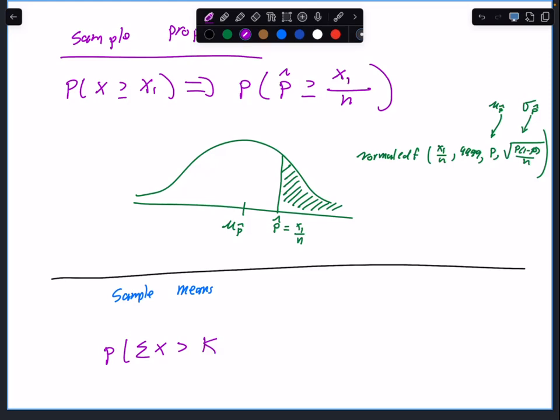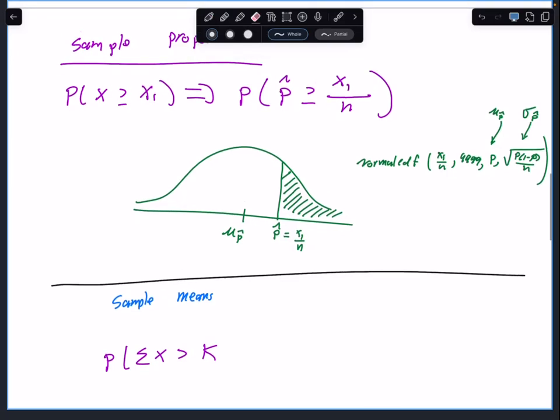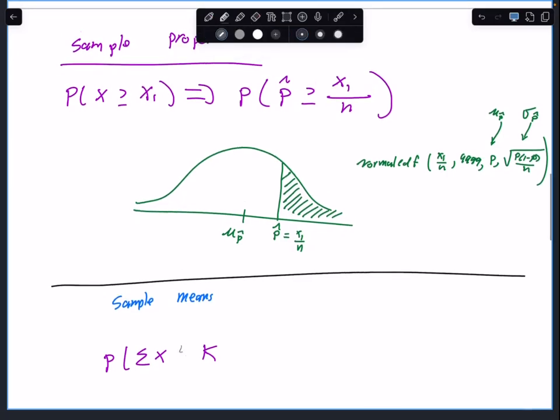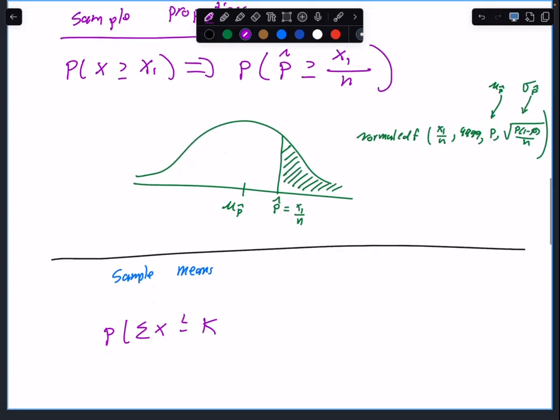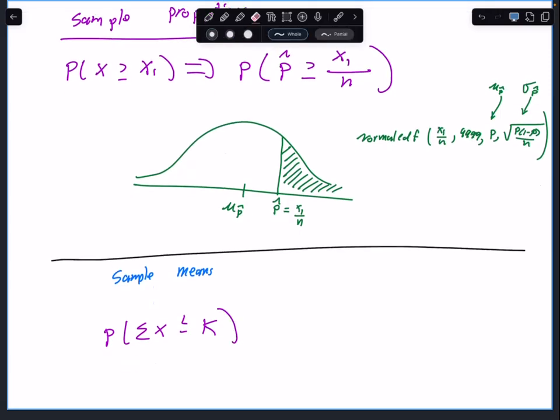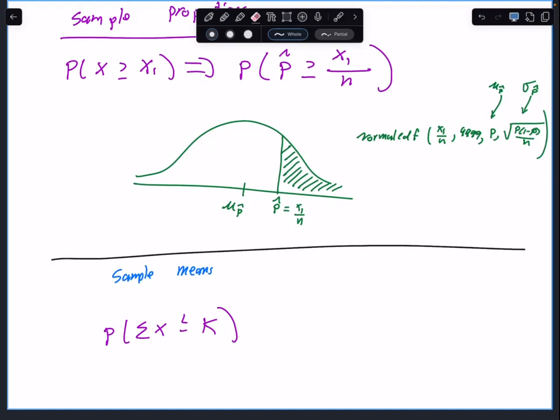I'll call it K. Actually, let me change it right here. We'll say that this is less than or equal to. All right, these are the tricky problems that I'm trying to give you. You have to understand that this is the same thing as finding the probability that the mean is less than or equal to K over N.